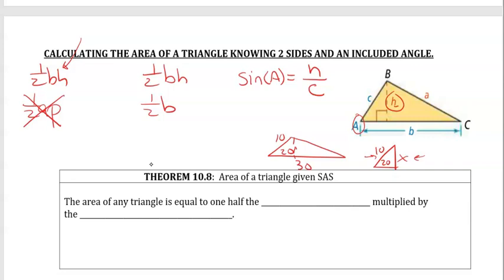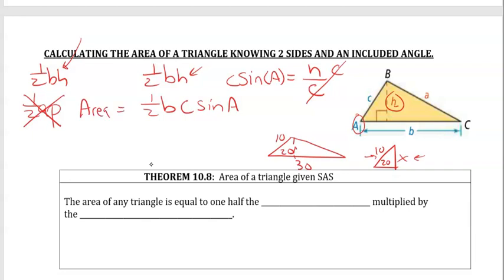I want to get the H by itself. How do I get rid of that C? Multiply by C on both sides. So now I know my height is actually C sine of A. Where there used to be a height, I'm going to put C sine of A. That is a new formula for area.